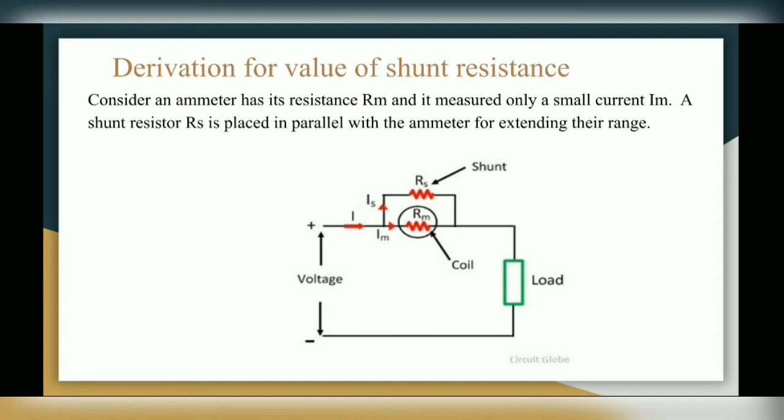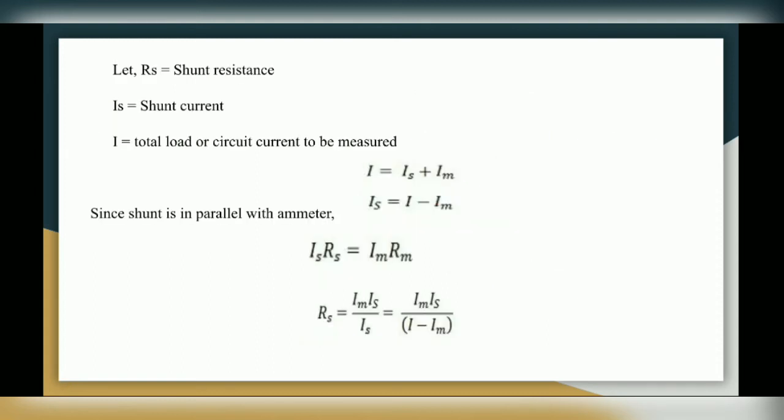By using KCL at the node, incoming current is equal to outgoing current. I is the incoming current, and Is and Im are the outgoing currents. So for this node, I = Is + Im. We can also write Is = I - Im.